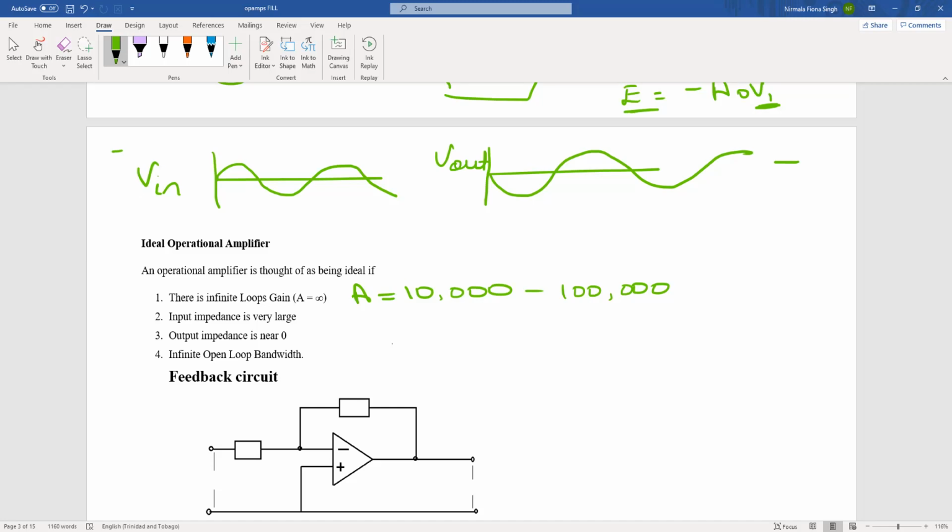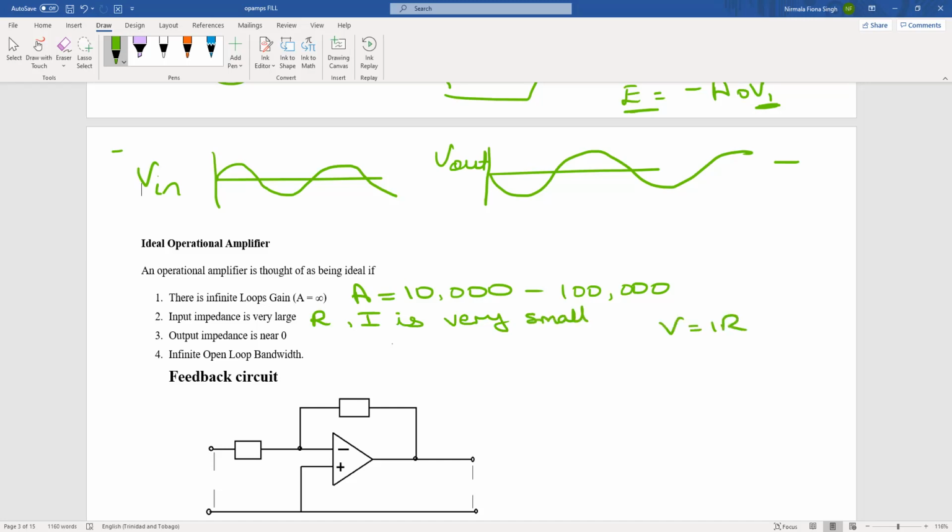Input impedance is very large. Impedance here simply means resistance. So that means the input resistance is very, very large. And what happens when your resistance is very large? This indicates that the current coming into your circuit is very small. Remember V is equal to IR.